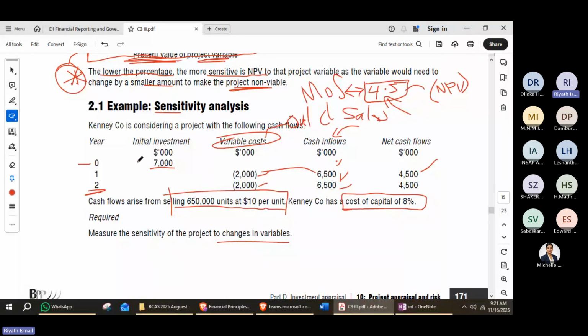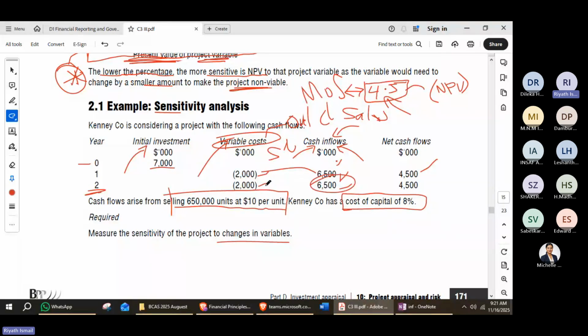Now, what are the variables we have? Initial investment is one variable. Variable cost is one variable. Cash inflow, sometimes in the form of sales or revenue, sometimes in the form of contribution.